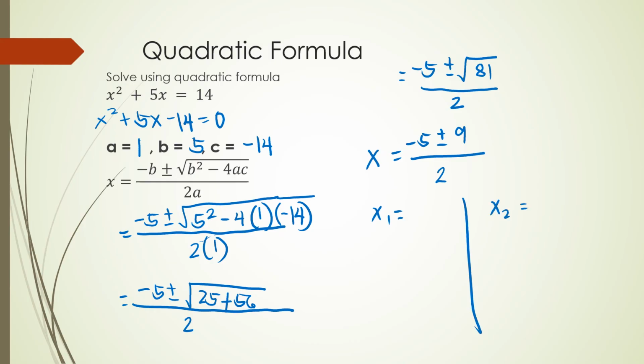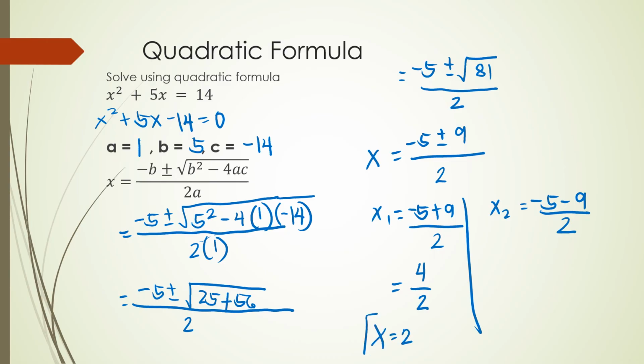X sub 1, negative 5 plus 9 over 2. So x sub 2, negative 5 minus 9 over 2. Okay? So you have negative 5 plus 9, that is positive 4 divided by 2. 4 divided by 2, that is 2.